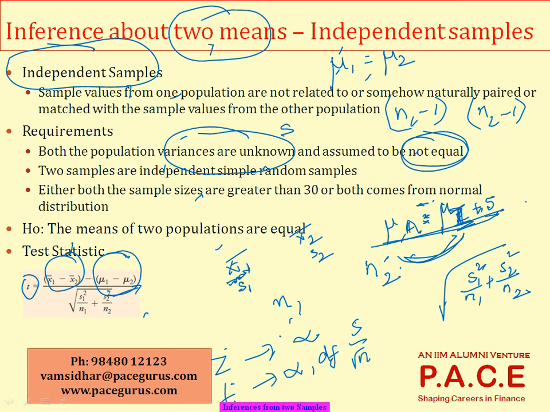Two, understanding the basic requirements to implement this particular test, because any test can be implemented only in some particular cases, and there are some limitations. So even the requirements aspect needs to be understood in great detail.